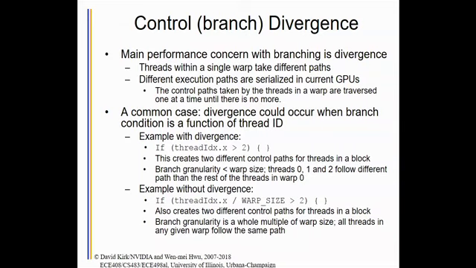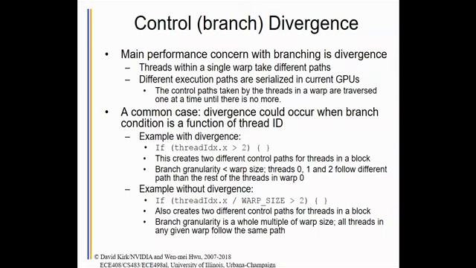Remember in the kernel code, in the vector addition, we had that test whether the index i for a thread is within the length of the vector. If it's outside the length, then you should not do anything. So we have that if-then-else.